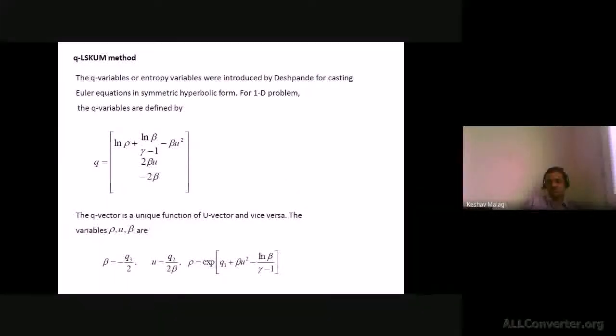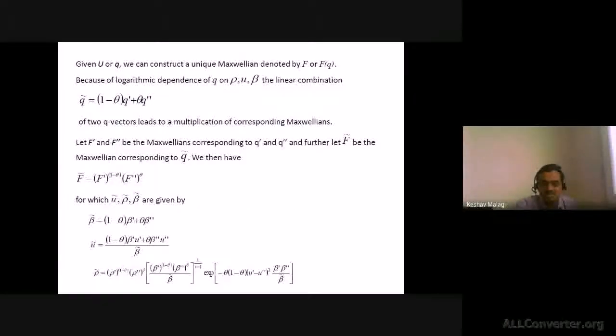Just to achieve that, Q variables are used because the linear combination of Q variables is again a Maxwellian. So when you're doing reconstruction, you use a linear combination. That linear combination again has to be Maxwellian. So to ensure that, Q variables are used. I would suffice it to just that, not going into too many details. So I'll skip these few slides here.